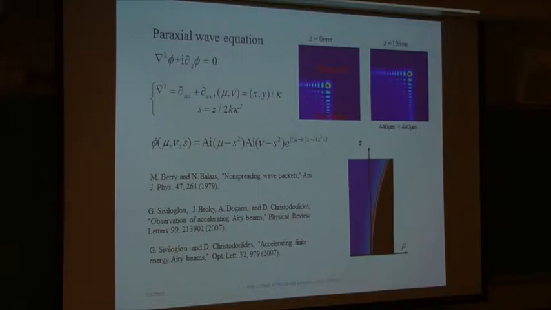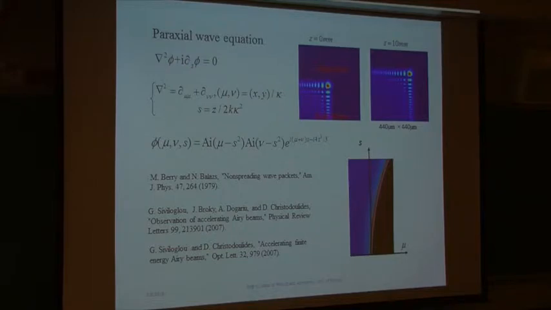In the year 2007, a group from Central Florida experimentally observed this Airy beam. And they found that the Airy beam is different from a Gaussian beam in that the main lobe will not diffract; it will keep its shape for a longer distance. So this is something quite unique about the Airy beam.